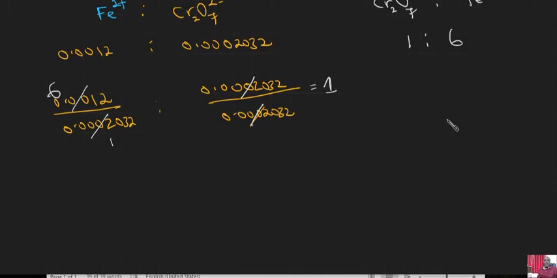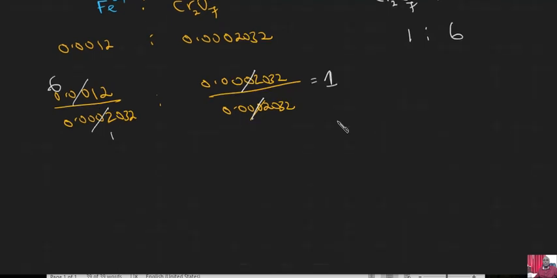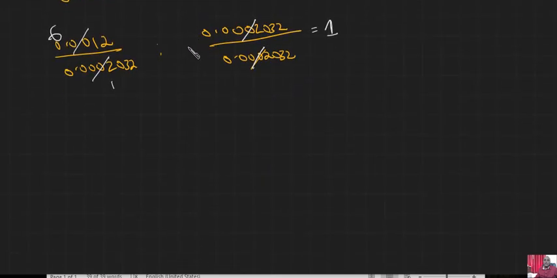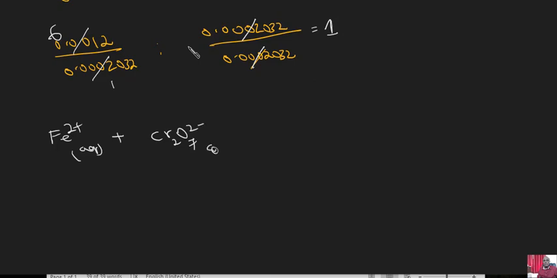Let us now go back to the equation and we insert those mole ratios. So these are now the mole ratios which happens there, or the mole ratios when they are reacting. The mole ratio. Let us now go back to the equation. Here we can rewrite it down here. In the conical flask, we had iron 2, and in the burette, we had dichromate 6 solution, and they were acidified.